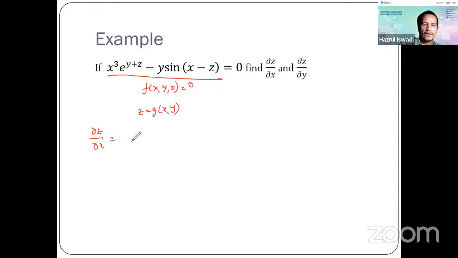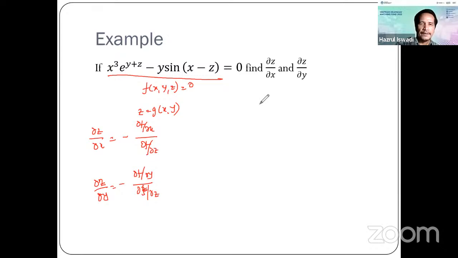The formula for ∂z/∂x is minus ∂f/∂x divided by ∂f/∂z, and ∂z/∂y should be minus ∂f/∂y divided by ∂f/∂z.